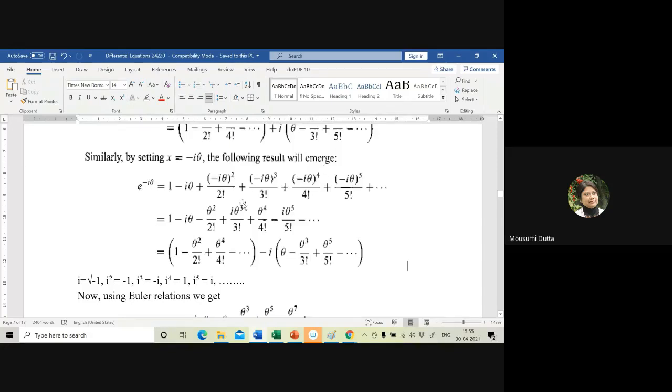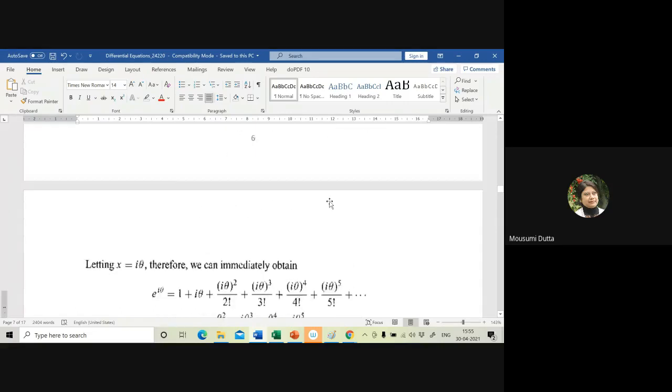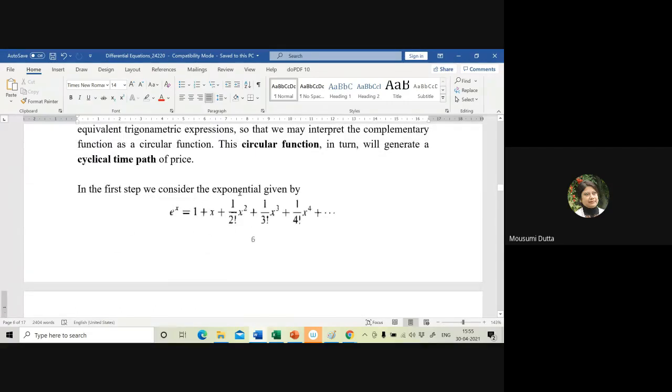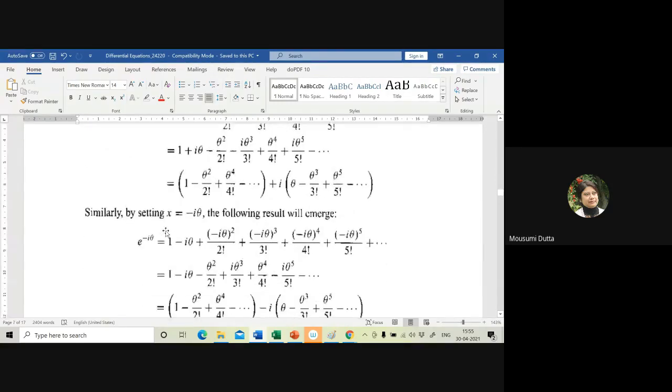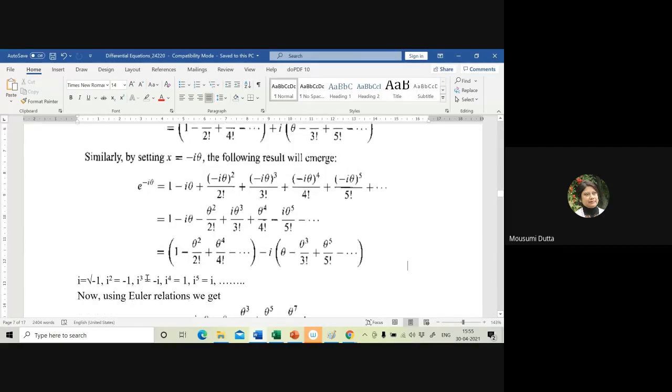So first I am considering the e series, just e to the power x, 1 plus x plus 1 by 2 factorial x square. So all x will be replaced by minus i theta. So first I am doing so, and then I am putting in the values following the rules of imaginary numbers.